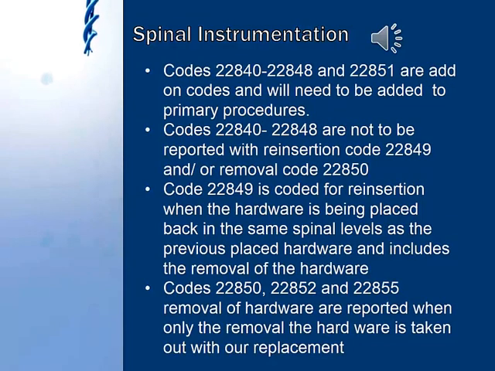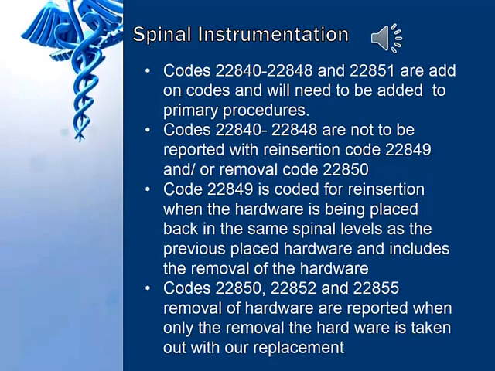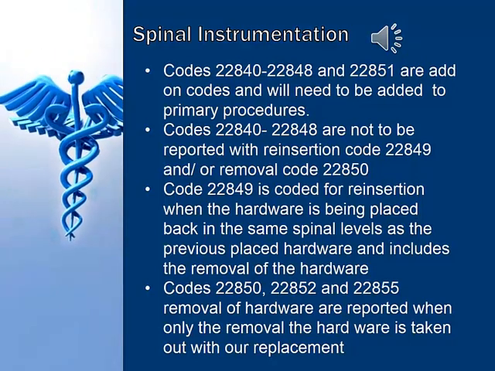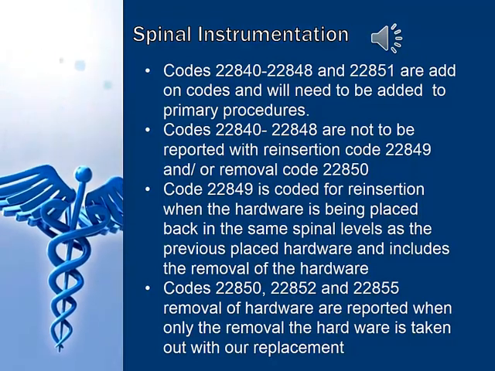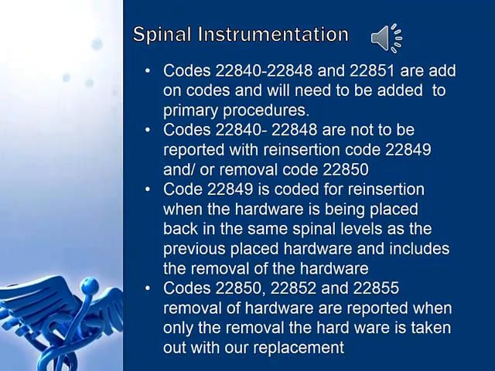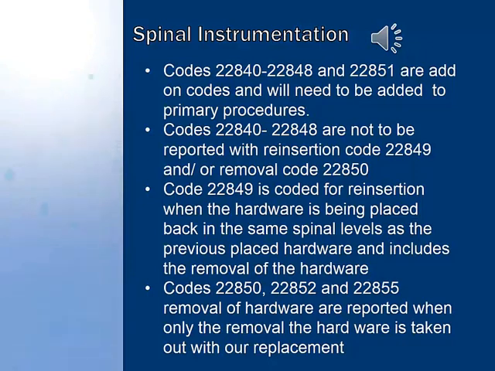For spinal instrumentation, codes 22840 to 22848 and 22851 are add-on codes and will need to be added to primary procedures. Codes 22840 to 22848 are not to be reported with the reinsertion code 22849 and or removal of instrumentation code 22850.